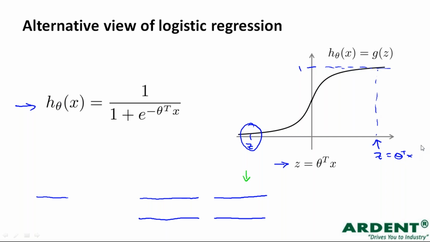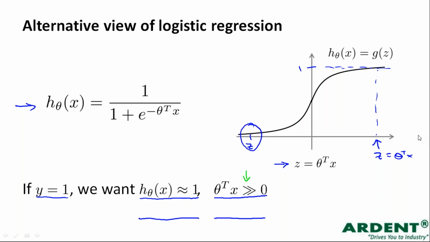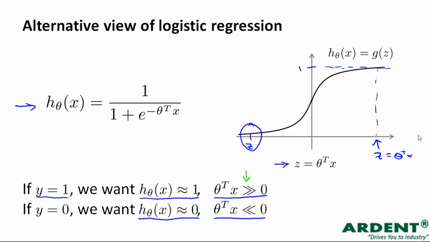Now, if y equal to 1, we want h theta x to be equivalent to 1, or theta transpose x should be greater than 0. Now, if y equal to 0, then h theta x should be equivalent to 0, and here the value should be less than 0.